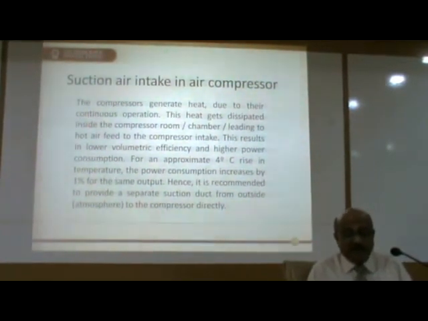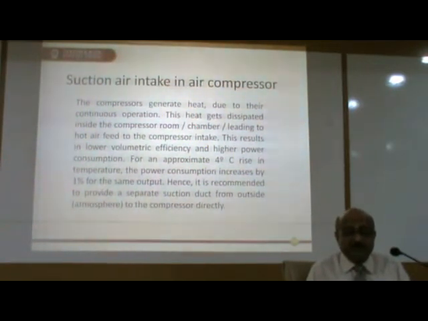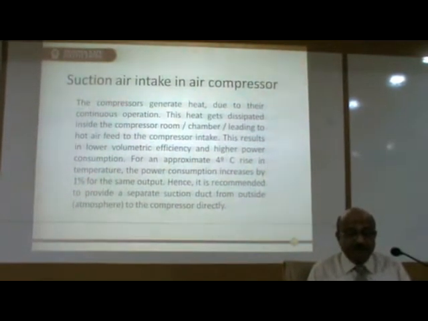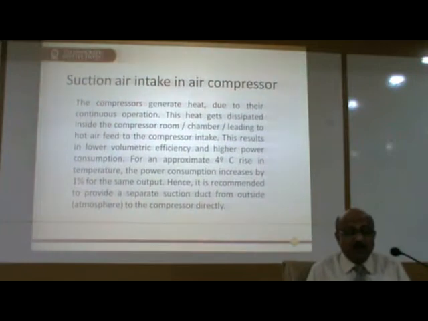The compressor generates heat due to its continuous operation. This heat gets dissipated inside the compressor room, leading to hot air being fed to the compressor intake. This results in lower volumetric efficiency and higher power consumption.